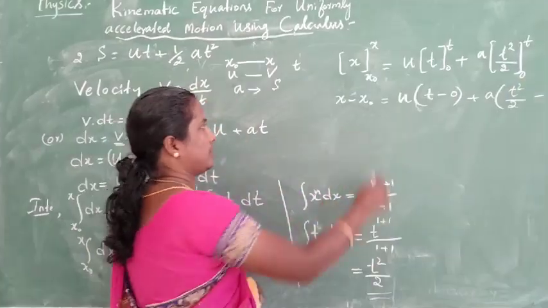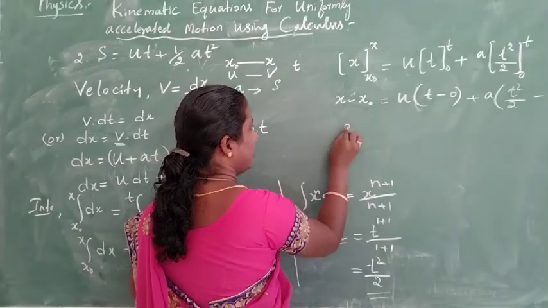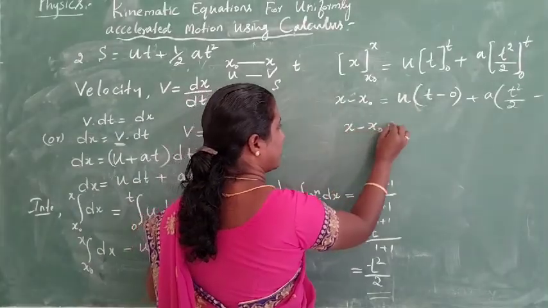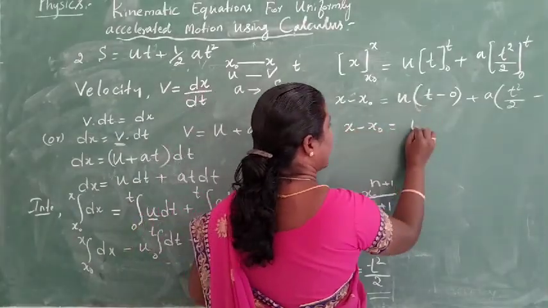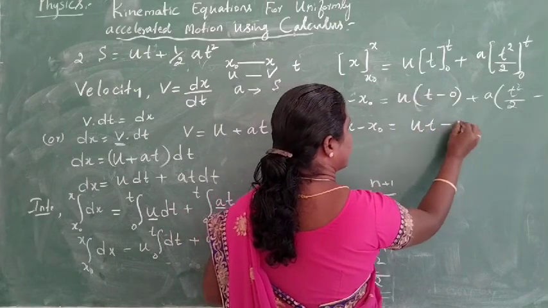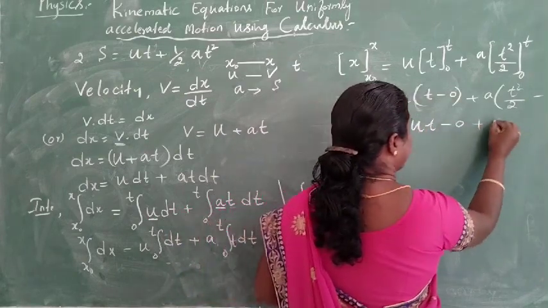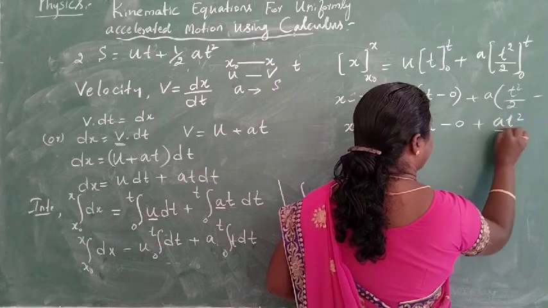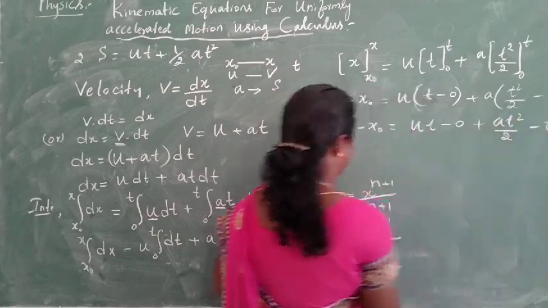This equation: x minus x naught is equal to ut plus, we get 0, plus a into t square by 2 minus 0.